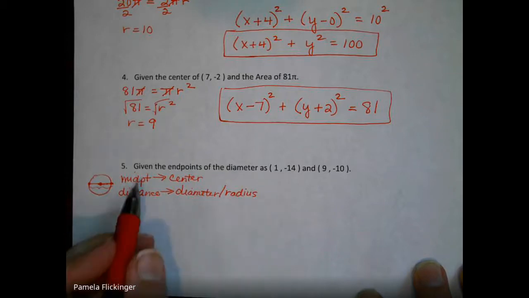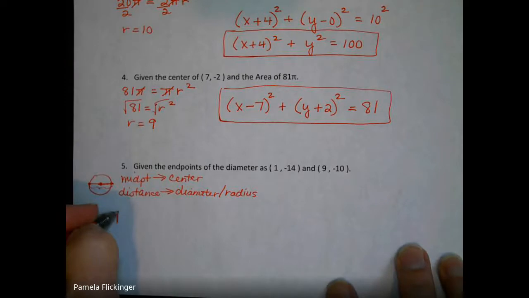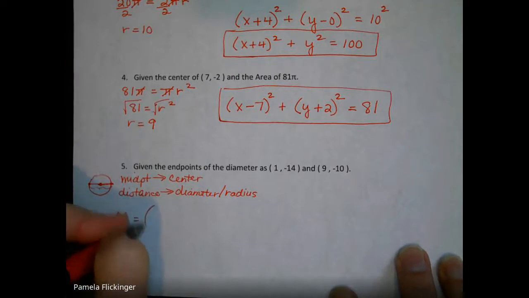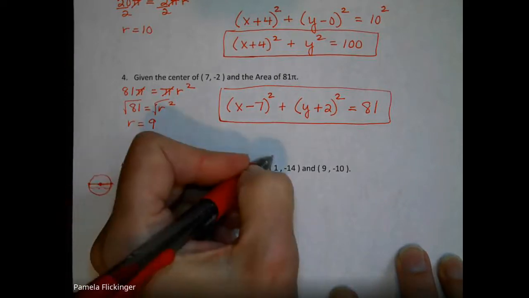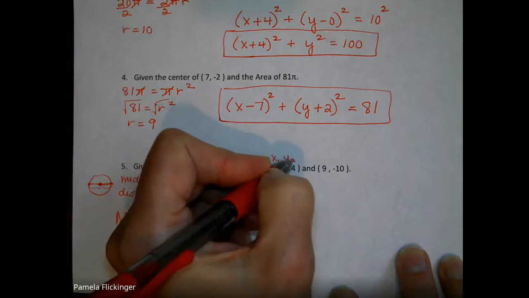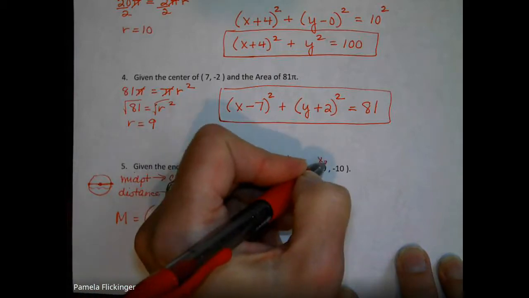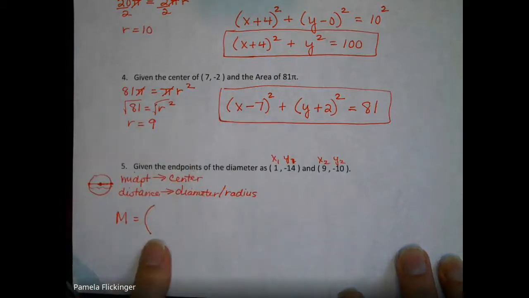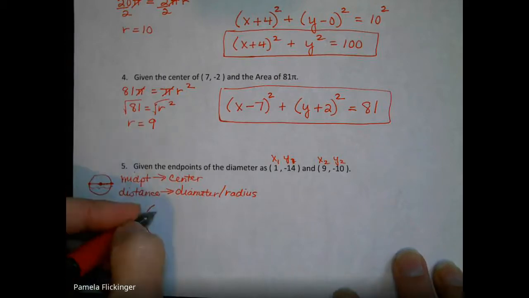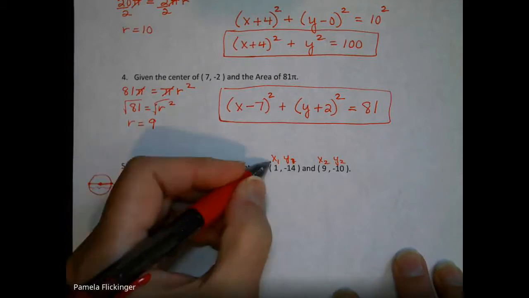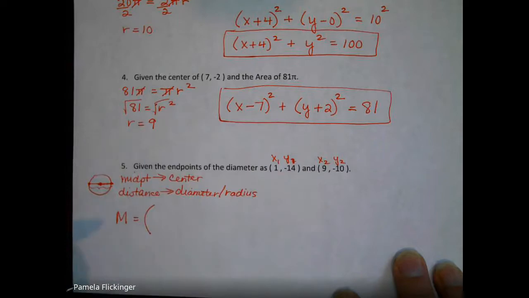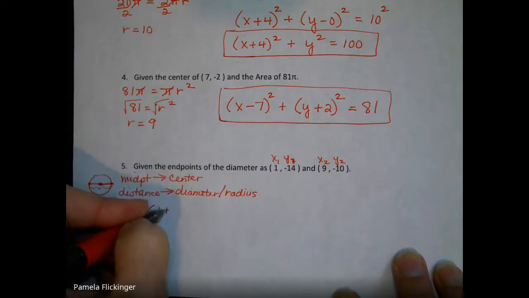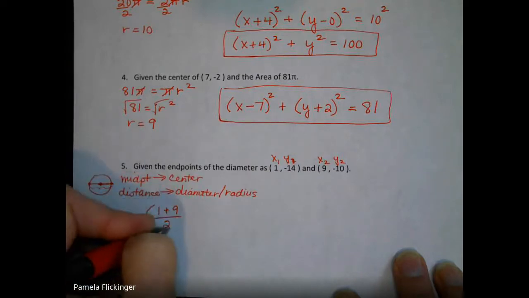All right, I'm going to start with the midpoint. We haven't used that formula yet. Let me label x1, y1, x2, y2. The midpoint formula says we add x1 plus x2 and divide by 2. So we've got 1 plus 9, divided by 2, comma.